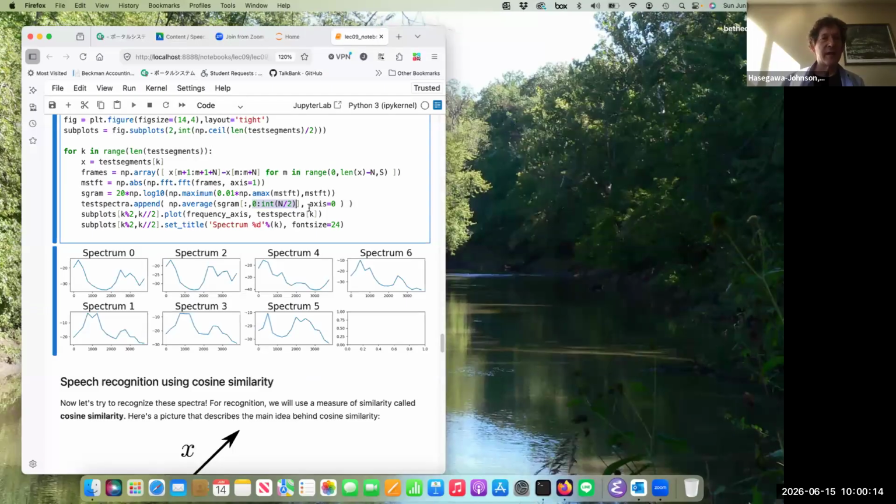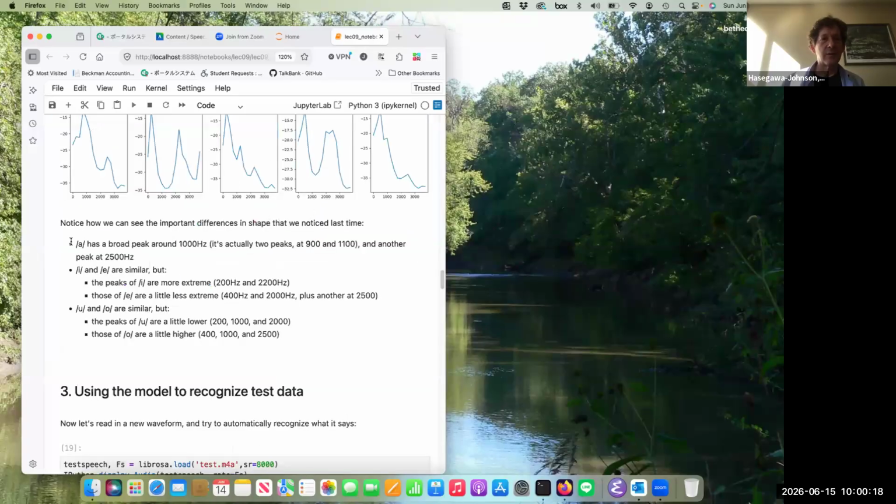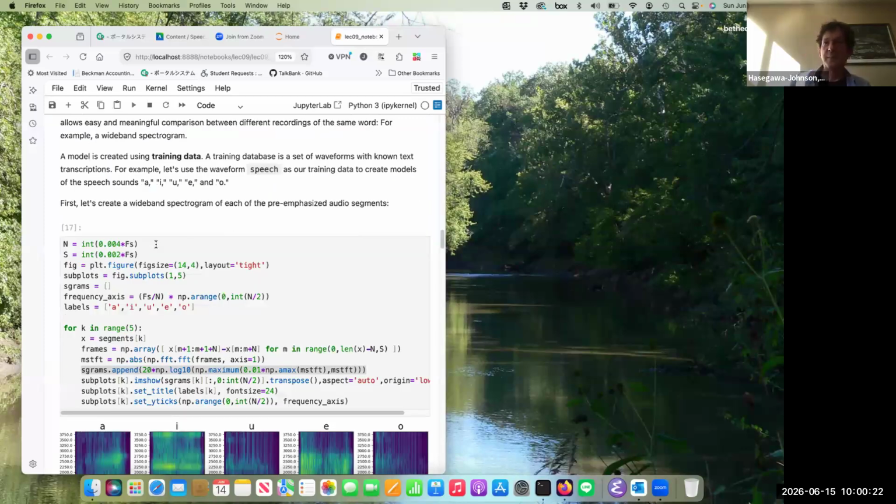Where did I define capital N? Here we go. Capital N is 0.004 times Fs. Fs is 8,000. So 8,000 times 4 1,000ths should be just 4 times 8, which is 32. That should be just 32 samples.